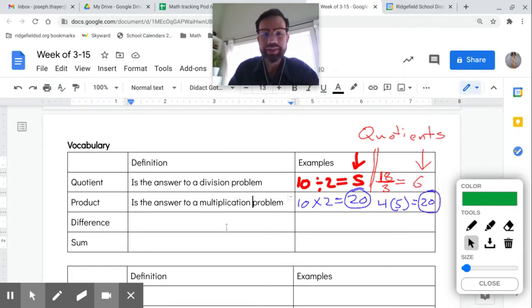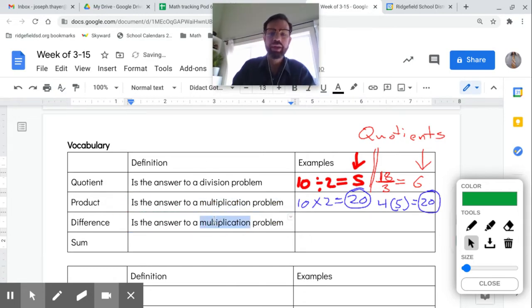Okay, difference. Difference is the answer to a subtraction problem. And again, let's just do 13 minus 8 is 5.